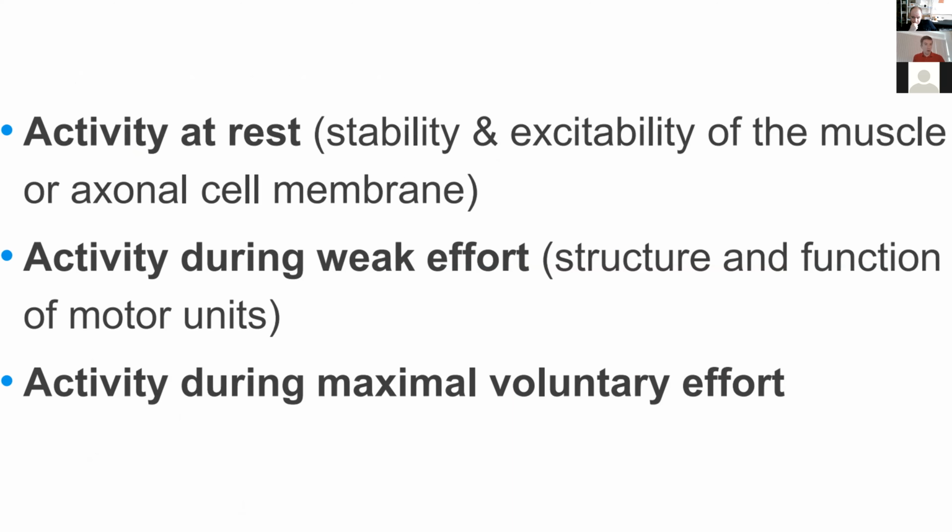During a myography, we evaluate 3 stages. First, the activity at rest. Second, the activity during a weak effort, or interference pattern. And third, the activity during maximal voluntary effort. The stability and the excitability of the muscle or the axonal cell membrane might be erroneous in myopathy and polyneuropathy.